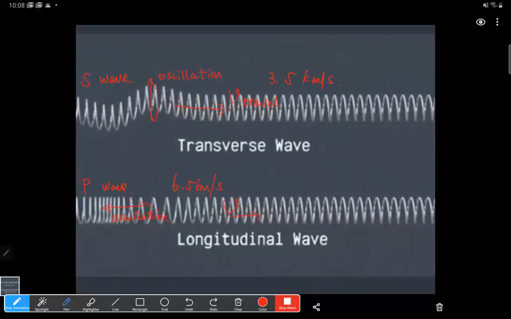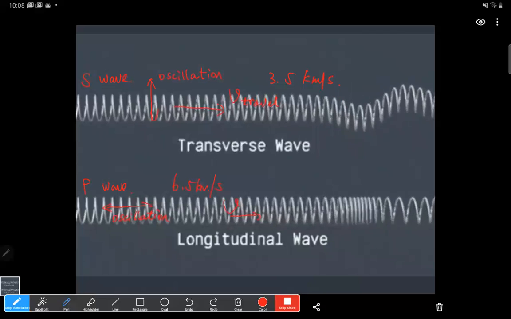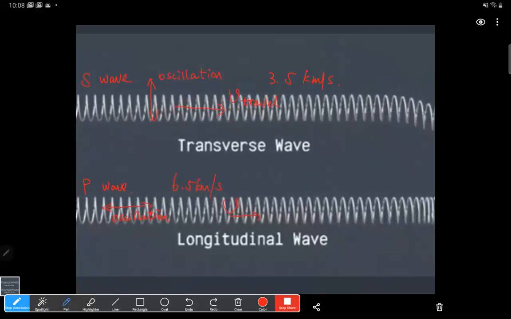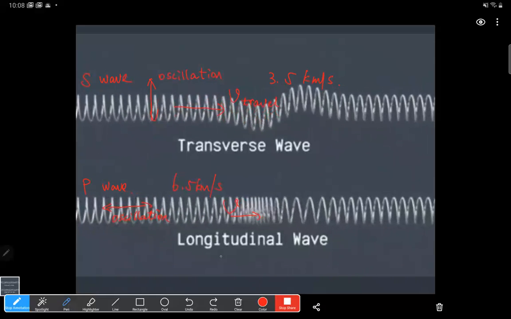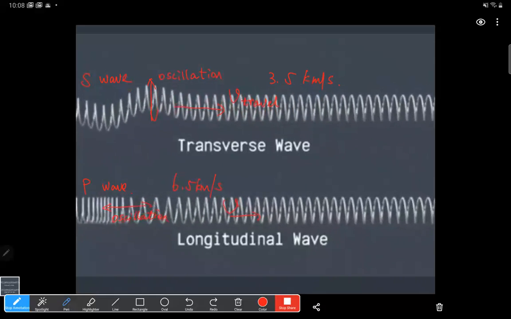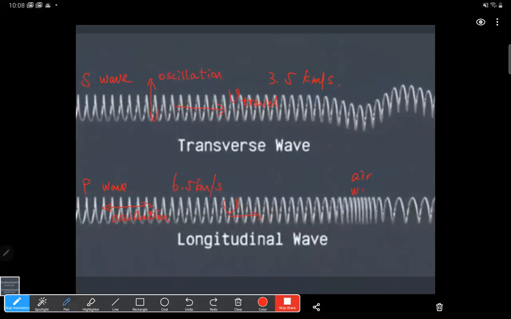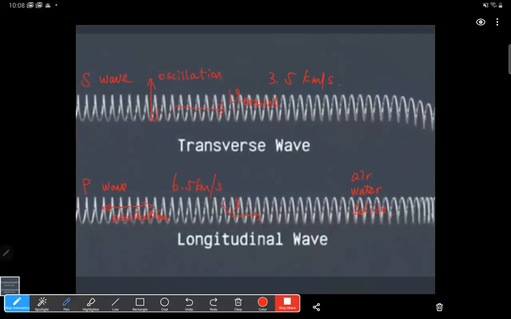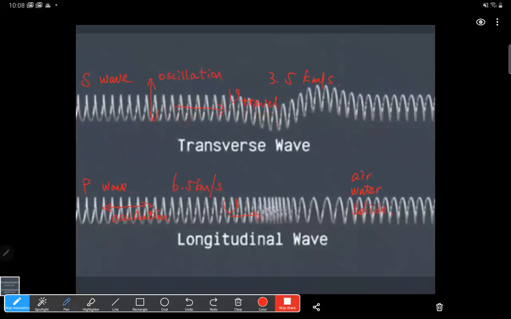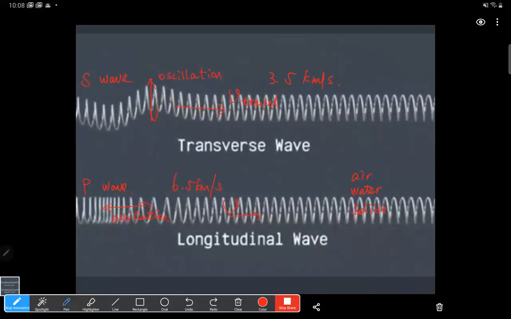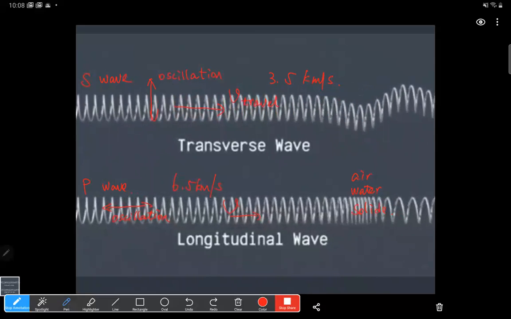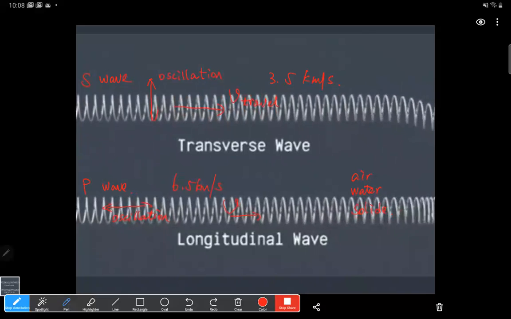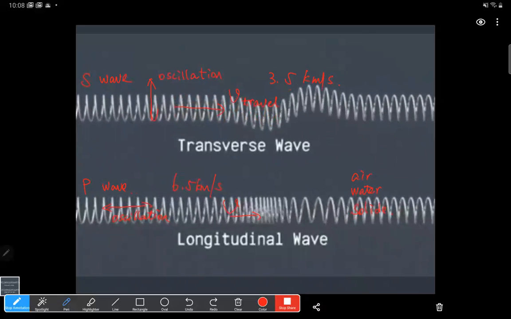And usually in the air or in the water, in liquid or gas, you can find the longitudinal wave. So the longitudinal wave can exist in air, in water, or in solids, because the directions are parallel. But a transverse wave needs a very big shear force, because the oscillation is up and down.